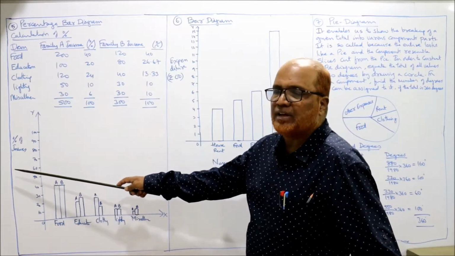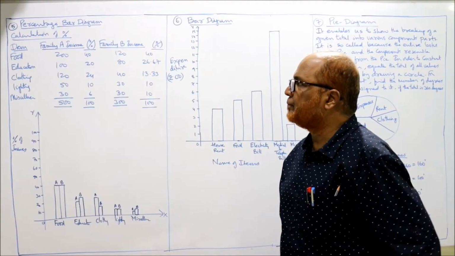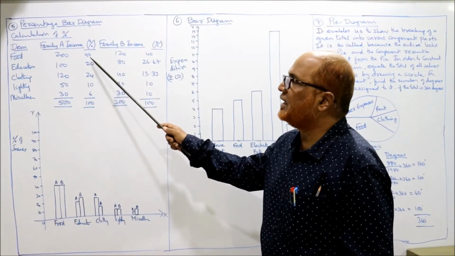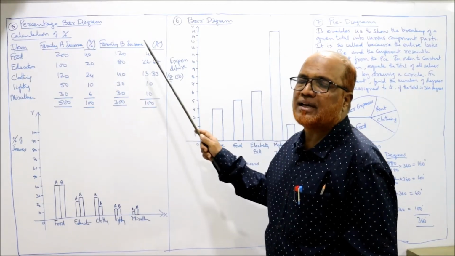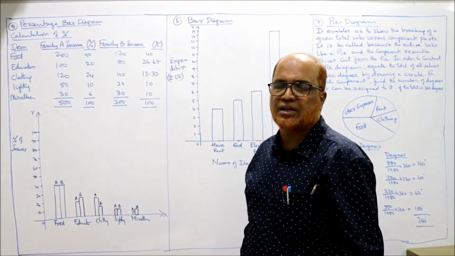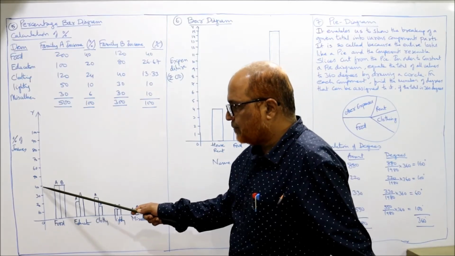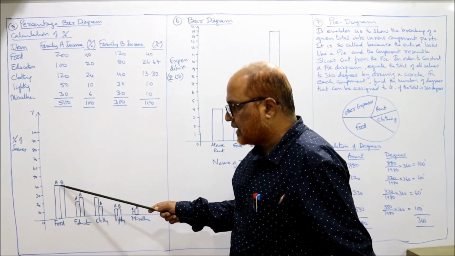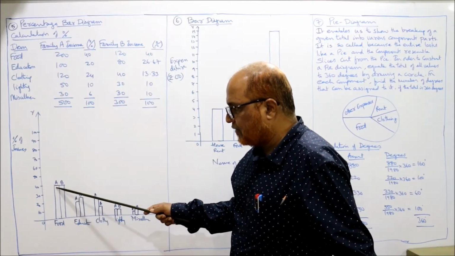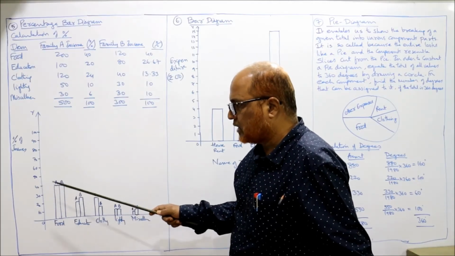And the percentage of income we are going to show on the y-axis for both families A and B. So you can see the percentage on food for family A is 40%. The percentage on food for family B is 40%. Both are 40%. Family A 40%, family B 40%. So on the line of 40 we will put a tick. Here we will draw two bars. One bar will be drawn for family A, one bar for family B. So A and B both are 40%.